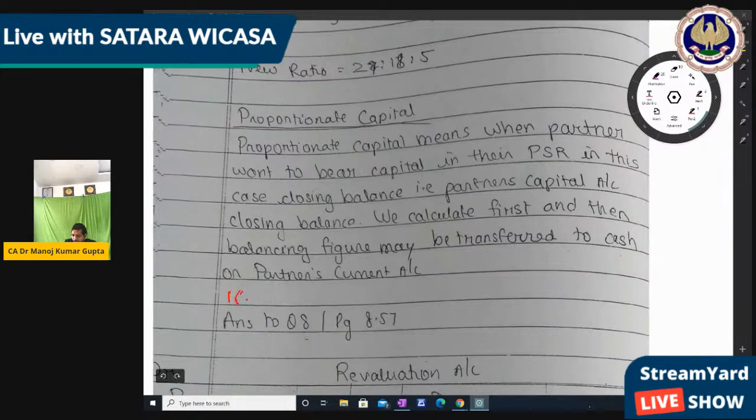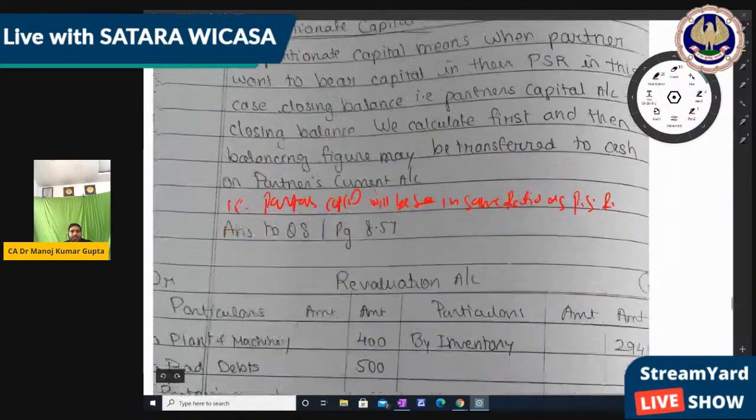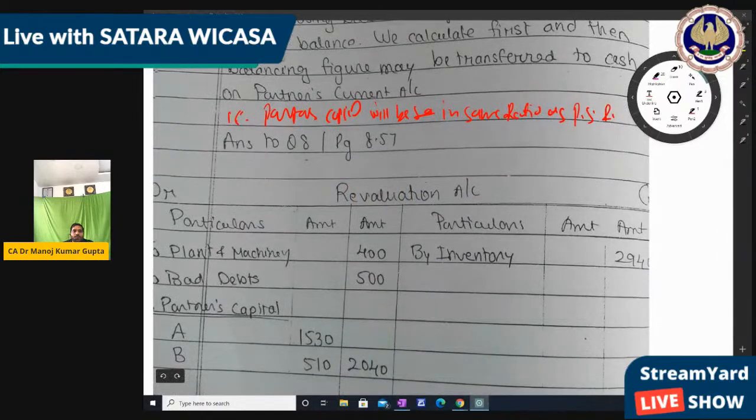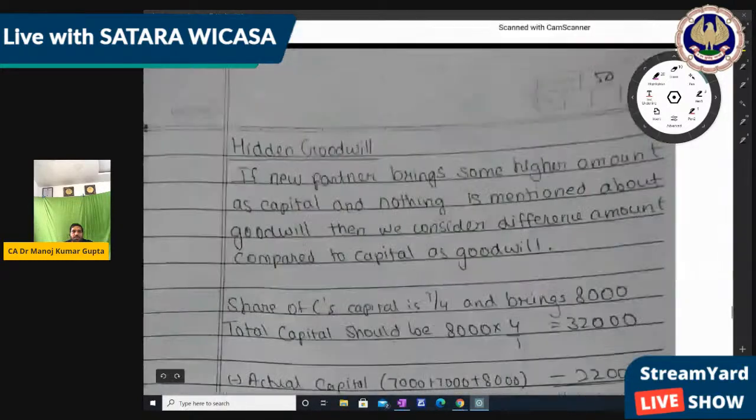That is, the partners' capital will be in the same ratio as the PSR. So the PSR and partners' capital account ratio will be the same. Clear? Now this is the question we had solved.